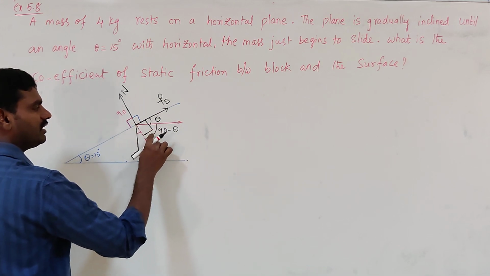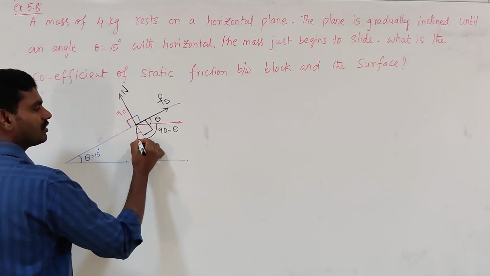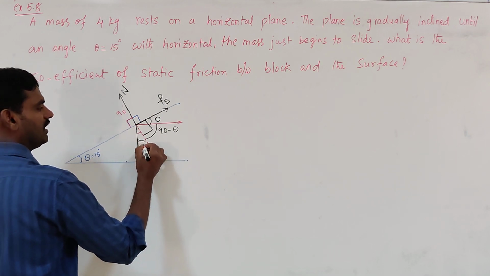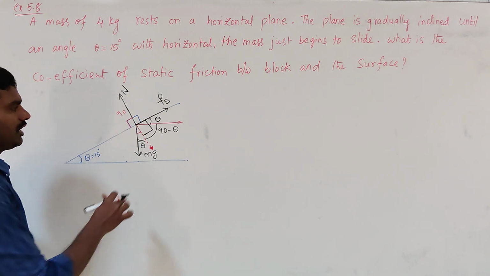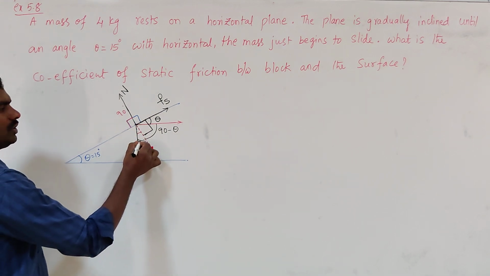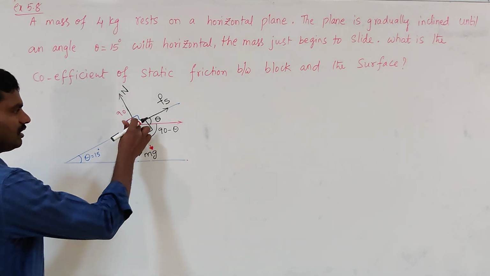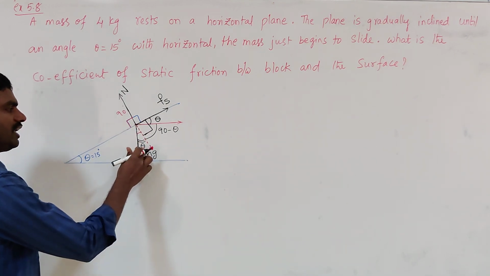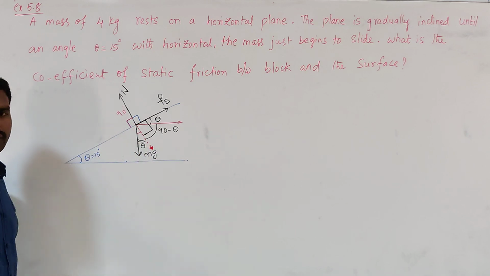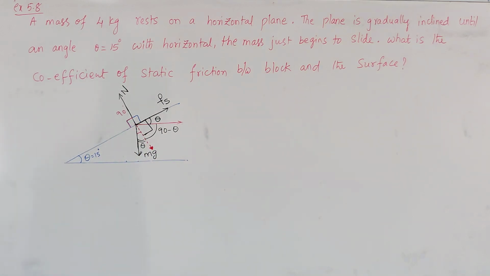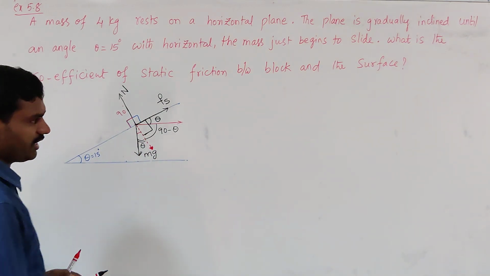Out of 90, this is 90 minus theta, so this must be theta. So 90 minus theta plus theta, total angle will become 90 again. So this dotted line is making an angle of theta with the downward direction.